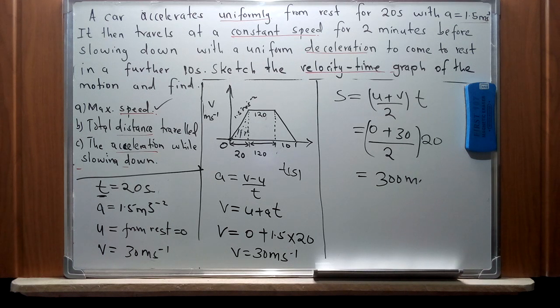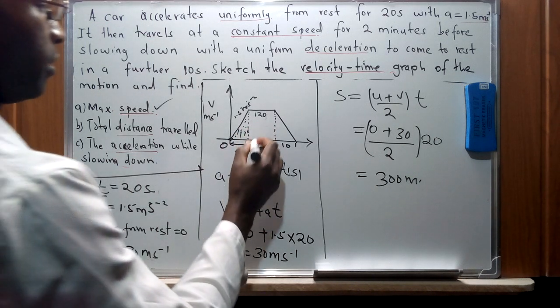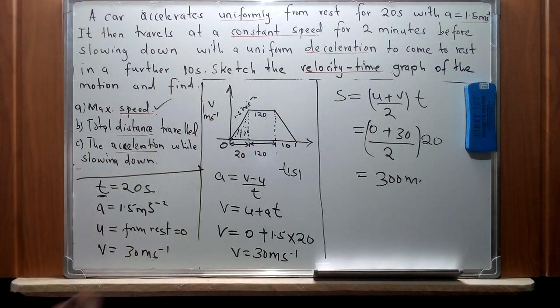Alternatively, there's a second set of equations, but we'll just confine ourselves to that one. The distance it traveled while undergoing constant velocity we can find like this.